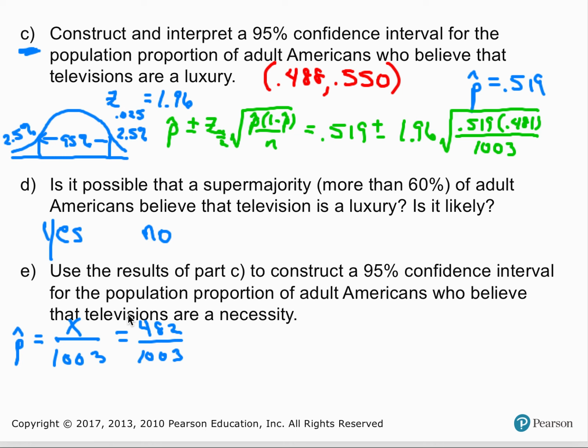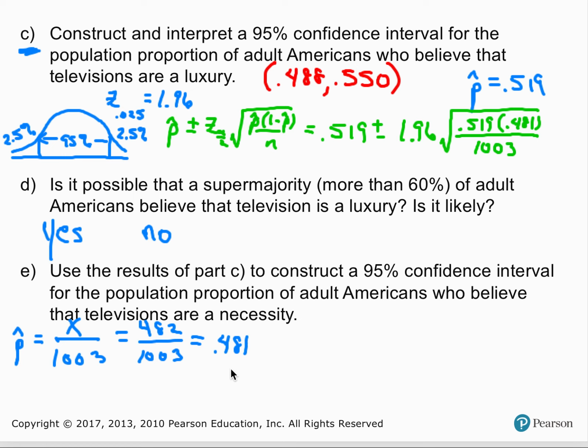So that meant if I subtract that from 1,003, 482 of them must have said that it is a necessity, which gives us a p hat of 0.481, rounded to 3 places.